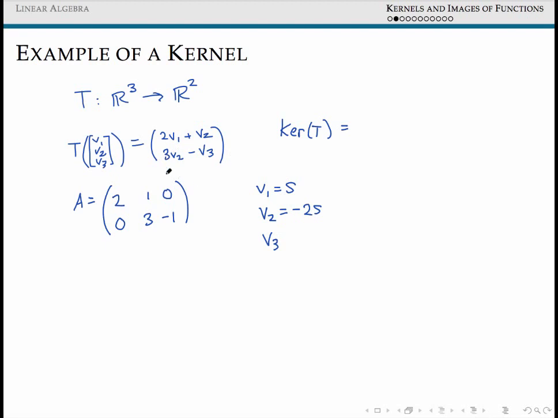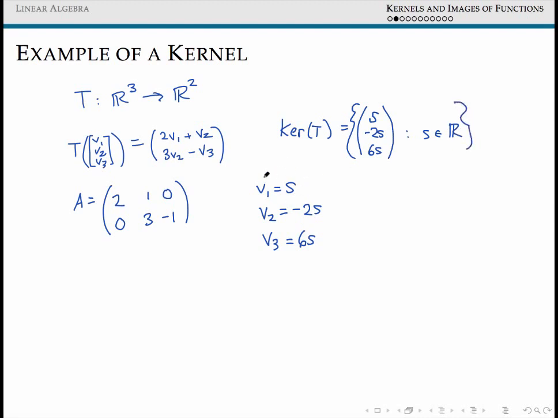And plugging this in for v3, we'll see this is negative 6s, so v3 would have to be positive 6s. So the kernel of our map will be all vectors of the form s, negative 2s, and 6s, such that s is any real number that we choose.